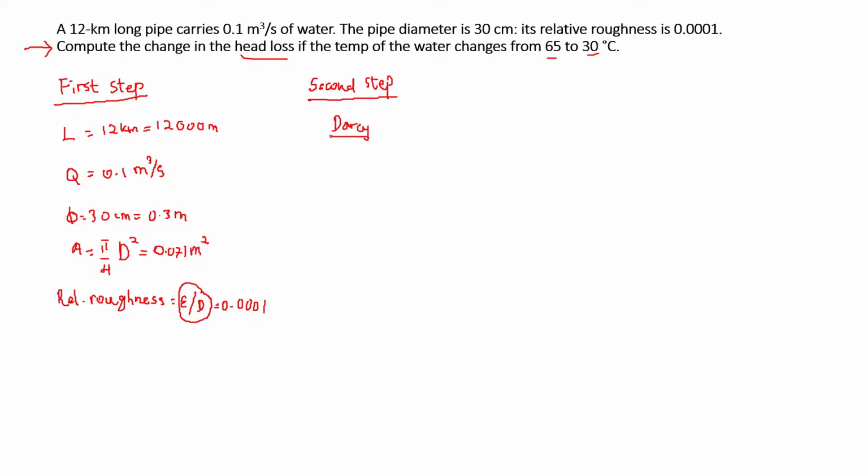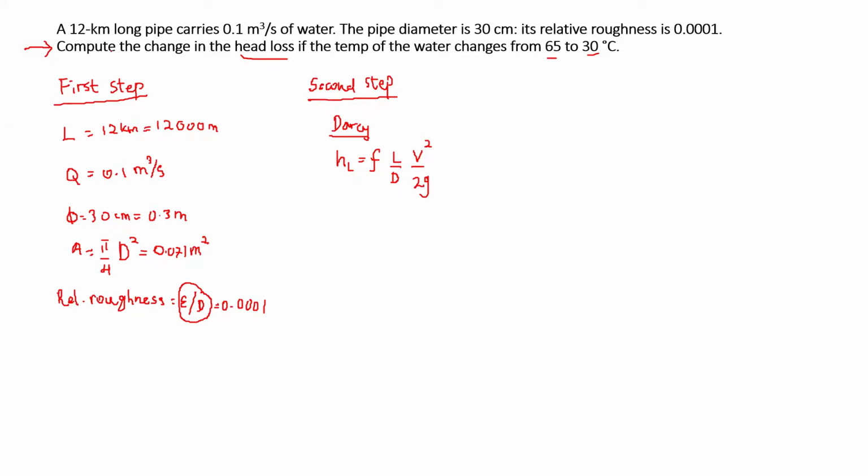Darcy to find H loss, which is equal to F times length over diameter of pipe times V squared over 2G. So this is the Darcy equation where you want to find the head loss.